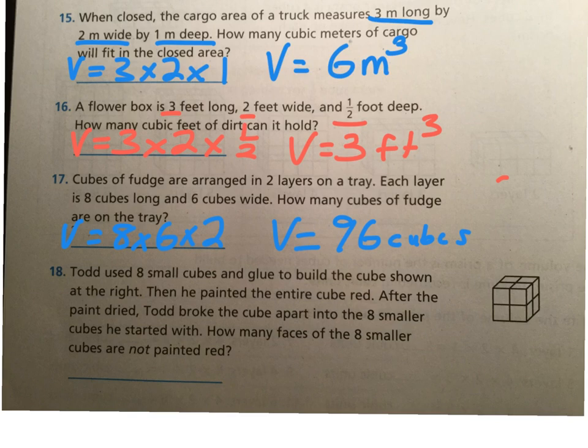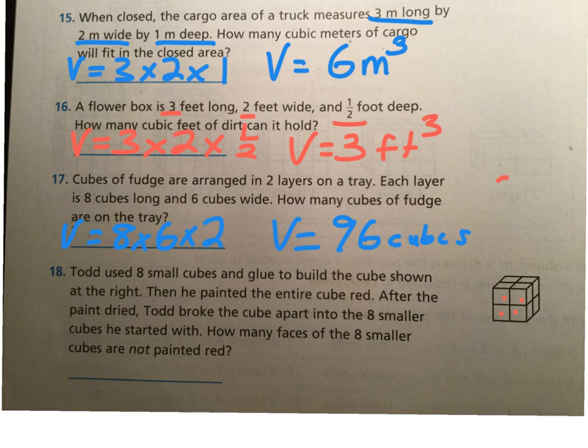Now this one is going to be talking about the faces. So we know how many faces there are on one cube. There are 6. So if we look here, 1, 2, 3, 4 individual faces here are going to be colored red.